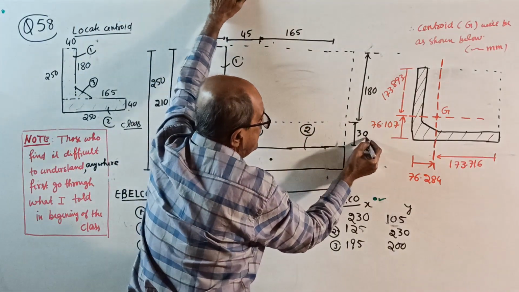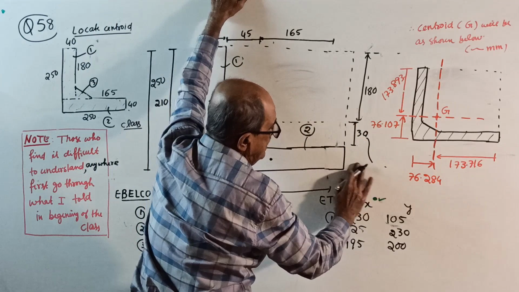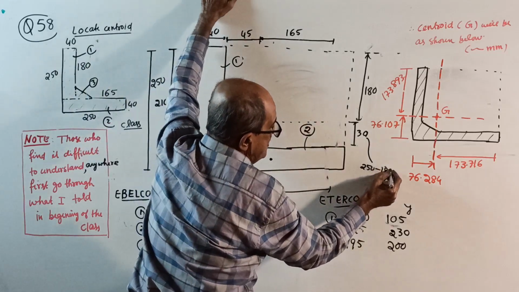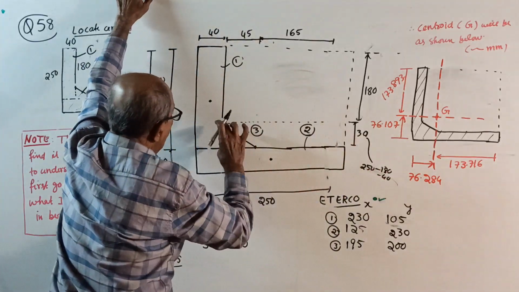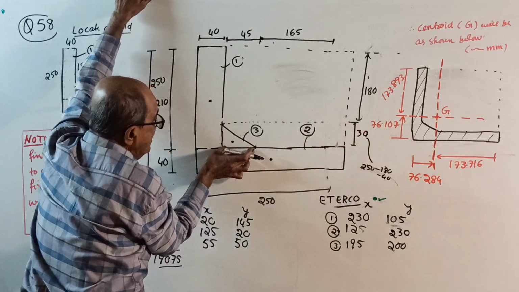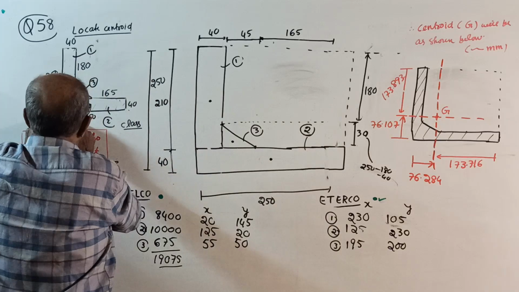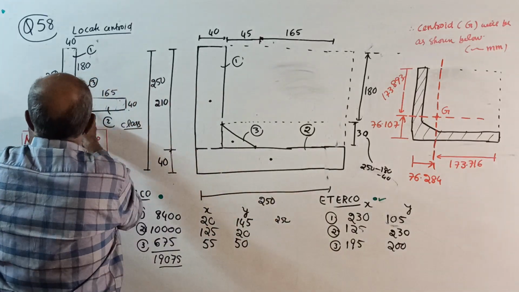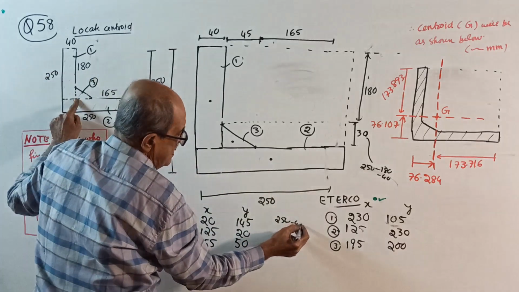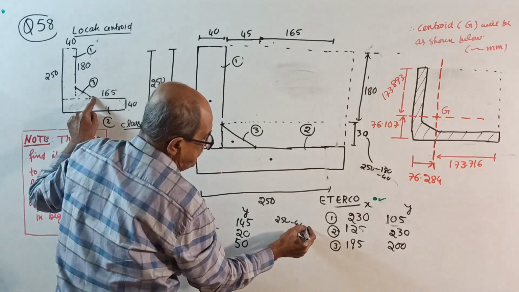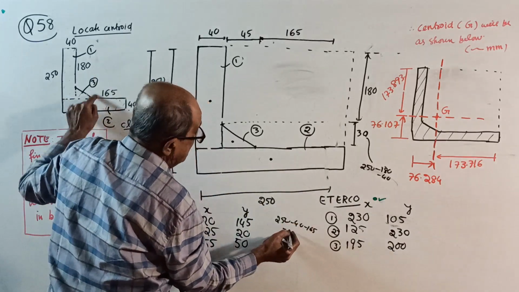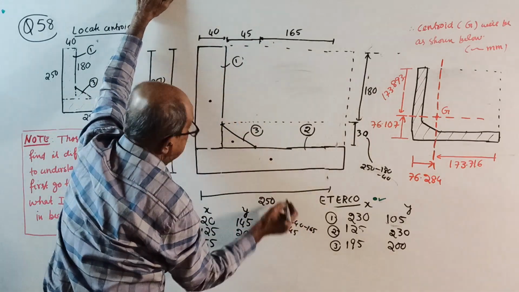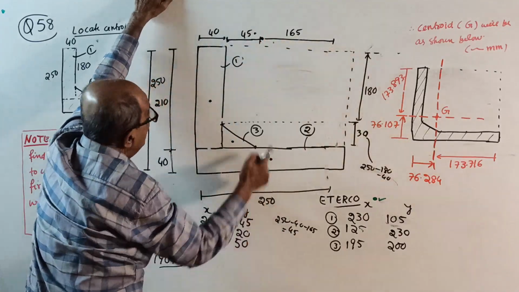Make a note: 250 minus 180 minus 40 gives 30. But the base of the triangle is 250 minus 40 minus 165, which comes to 45. That's how I got that 45.